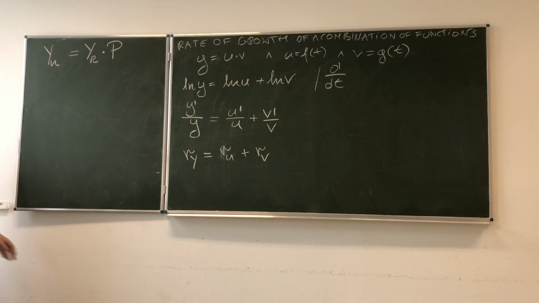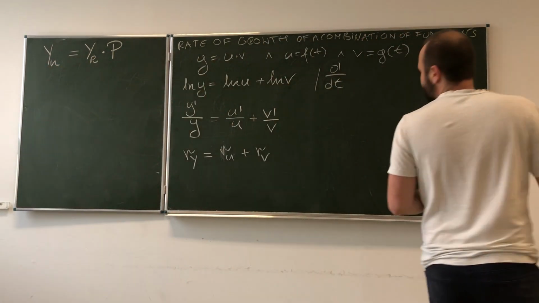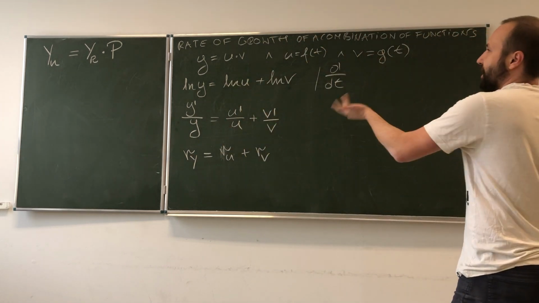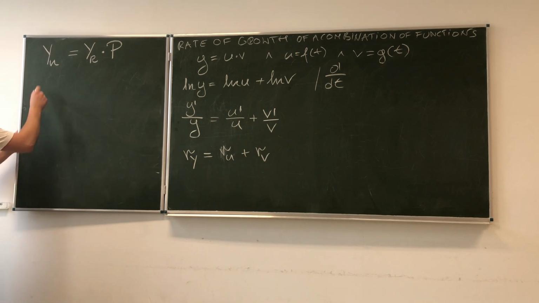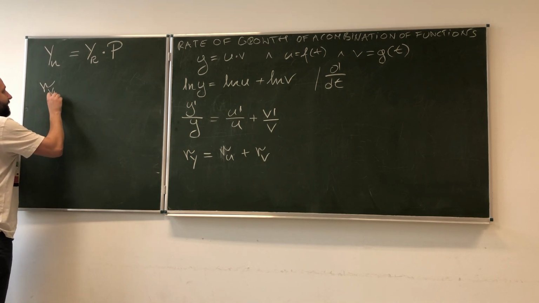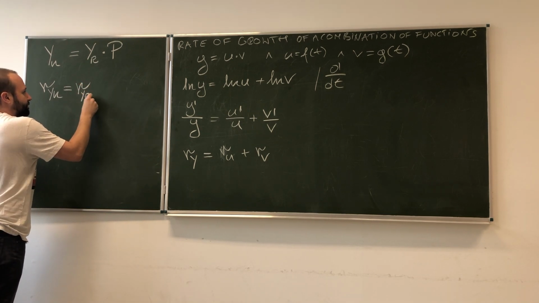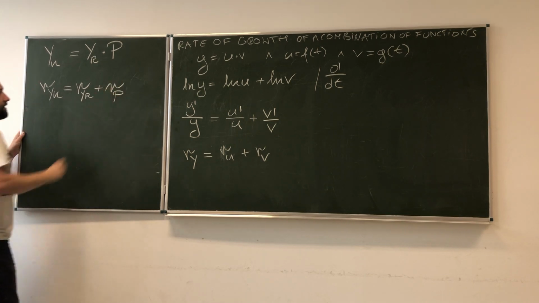Look, we could go through steps, but let's just use the formula to obtain the relationship between nominal GDP, real GDP, and price level. So we get that growth rate of Yn, nominal GDP, should be equal to growth rate of real GDP plus growth rate of price level.